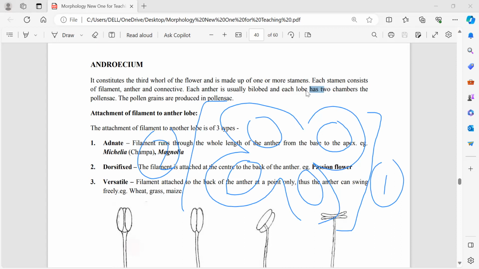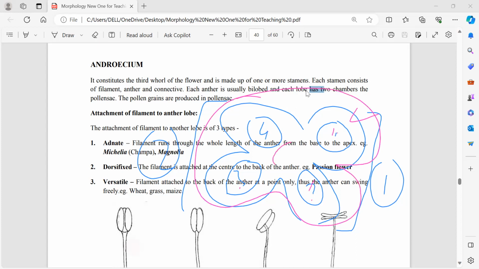Overall, how many microsporangia are here? We have 1, 2, 3, and 4 microsporangia, or pollen sacs. So an anther having two lobes is also called dithecous, and tetrasporangiate, because we have four sporangia in each anther.